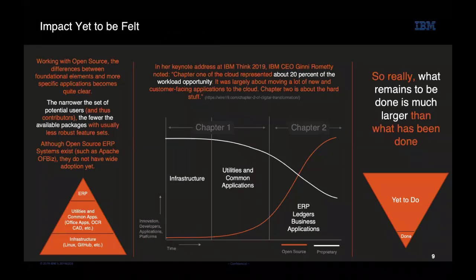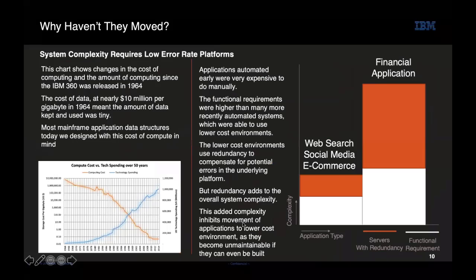So, as we looked, as the ERP systems begin to be affected by open source, we're going to see bigger and bigger impacts upon the z/OS systems. One thing that's important to note is, if you look at the right-hand side here, the complexity of the business processes for many of the later applications that have been developed, like search engines, e-commerce sites, and social media sites, isn't that complex because they're dealing with transactional systems.